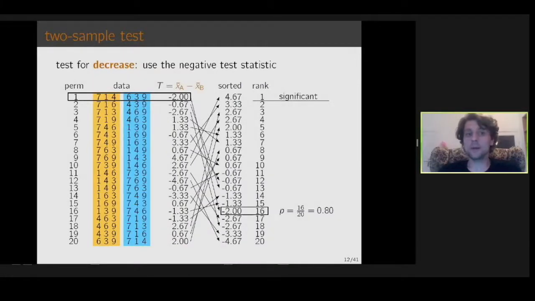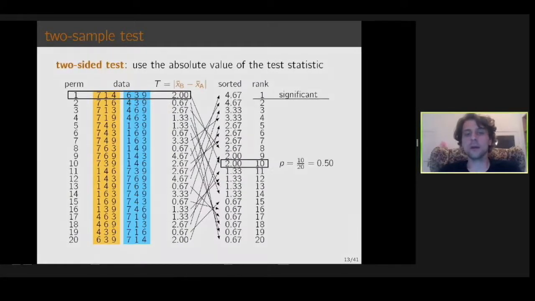One can also implement a test for decrease. So instead of asking, is there an increase from A to B, is there a decrease from A to B, which in the end would just mean to reverse the difference, or equivalently use the negative test statistic, also not significant in this case.